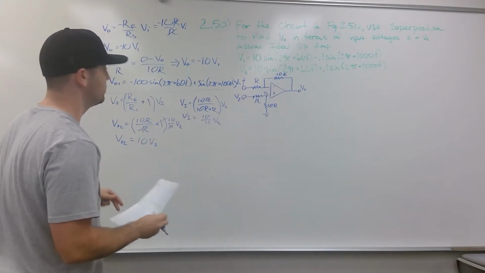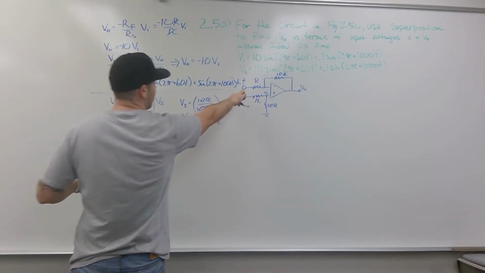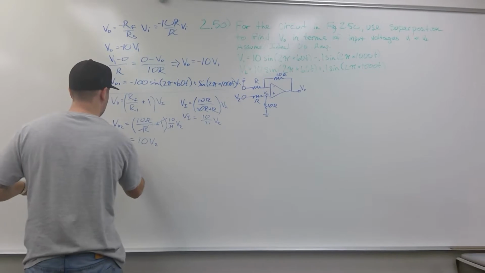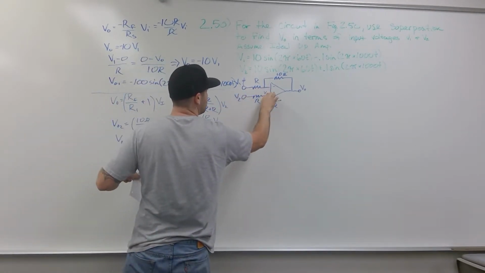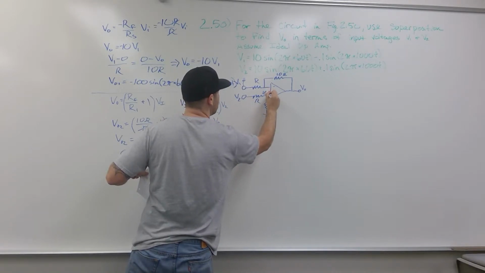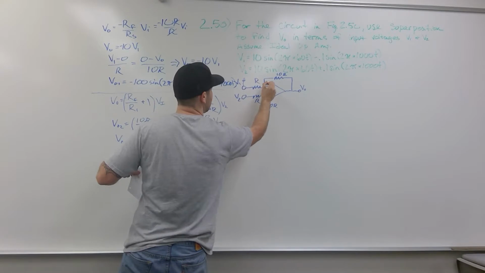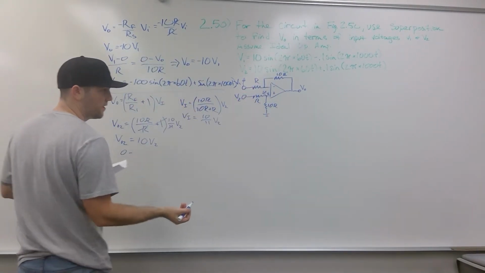And you can do the same thing and go back and check your work. So you have 0 minus 10 over 11 V2, which is going to be the same at that node right there by our laws of op amps.